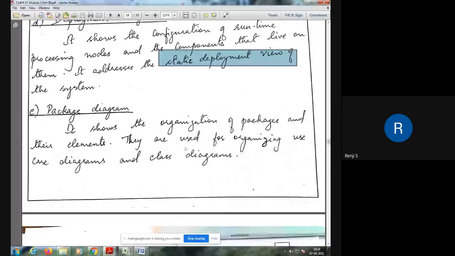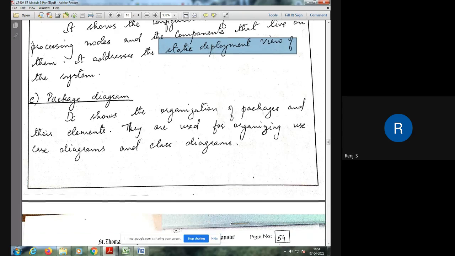Then another diagram that is used for showing the organization is package diagram, and it shows the organization of packages. Package is nothing but a collection of items which do similar functionality. They are grouped into one package, and how these packages communicate with each other and what are the packages involved in the system can be shown with the help of a package diagram.